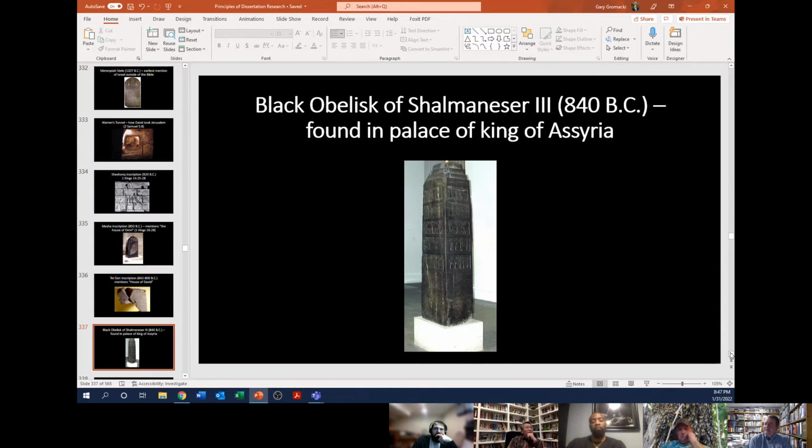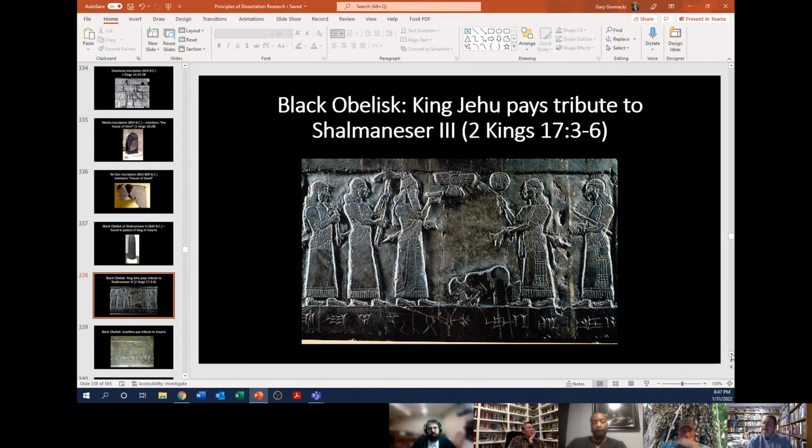The Black Obelisk of Shalmaneser III dates to about 840 BC. It's a carving found in the palace of Shalmaneser, who was a king of Assyria. When you look at one of the panels, you have a king who is paying tribute.